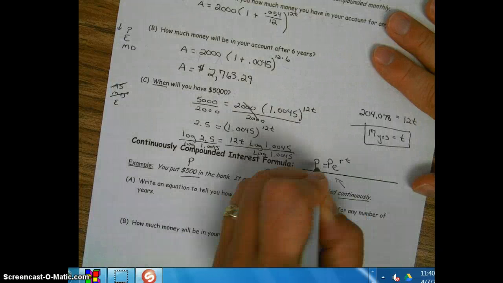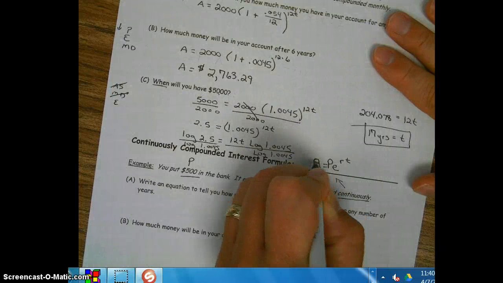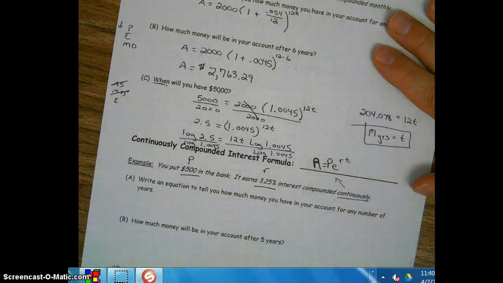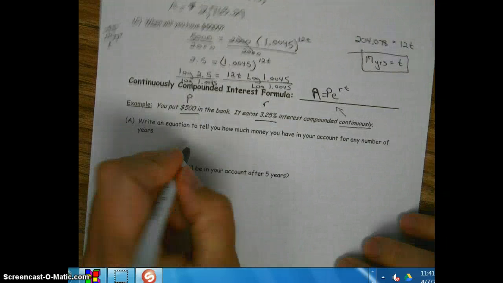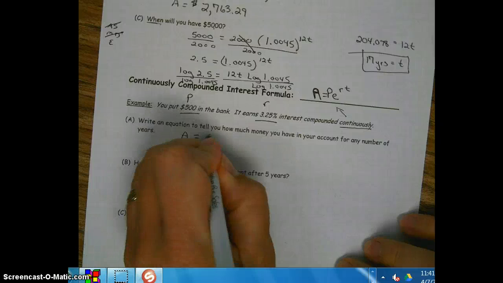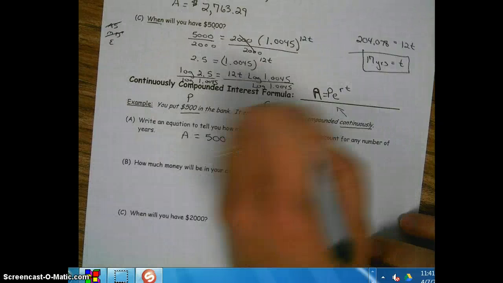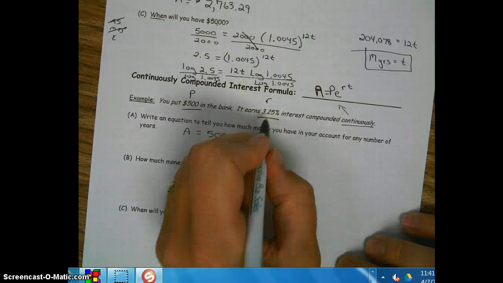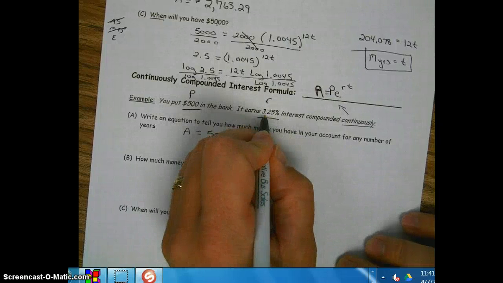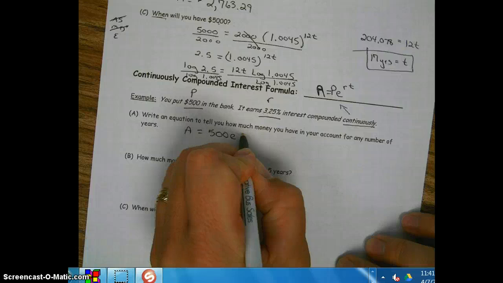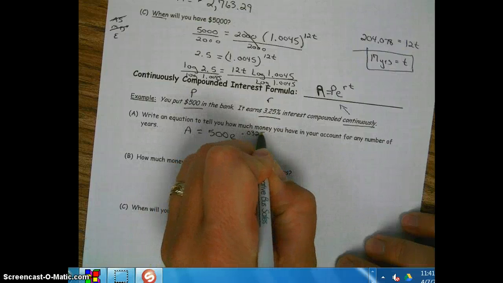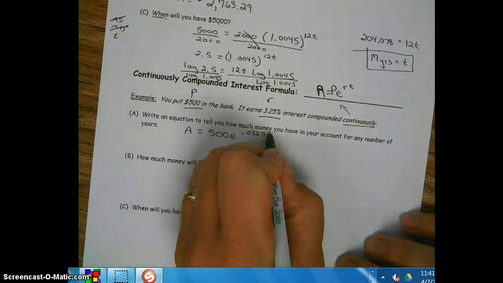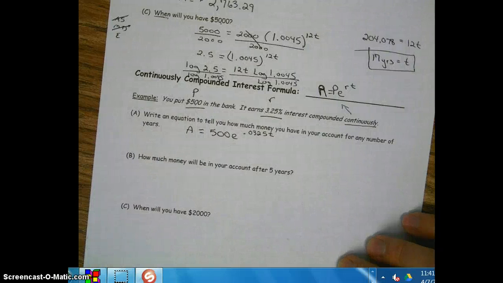P goes there, and our amount that we end up with goes here. Sorry about that. Plugging in our numbers, 500 goes in for P. Remember, we need a rate, and you change the decimal, move it over 2 places. And that's going to be times T.